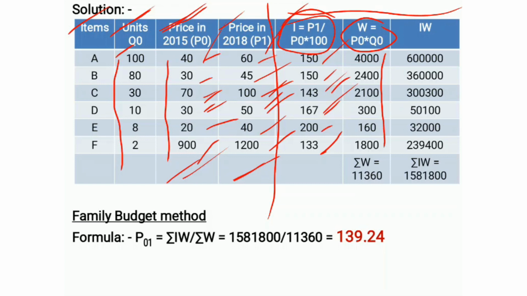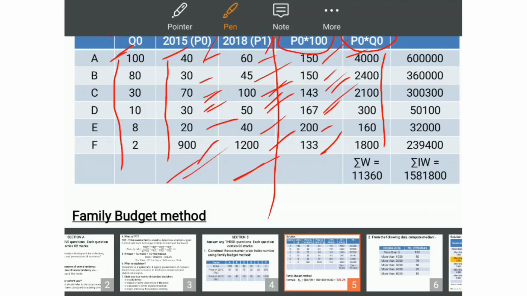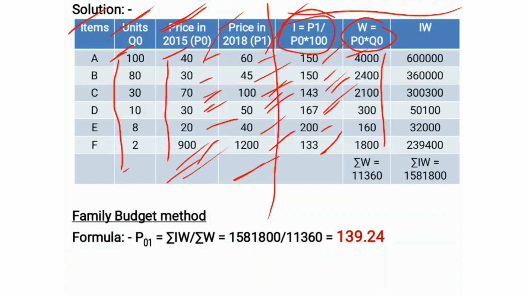Once again, the first row: 40 into 100 is 4000. Similarly, each value, if you multiply, you will get these 2 columns. The total of the W values, summation W, is 11360.